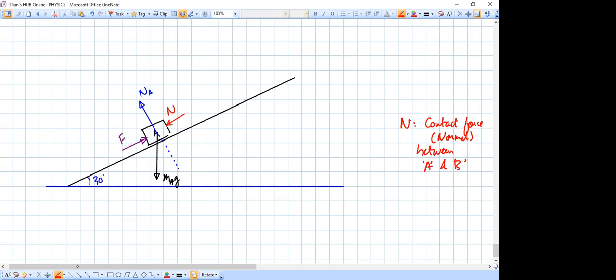Okay. And under the action of all these forces, now you can see that this block is having an acceleration of a along this direction.